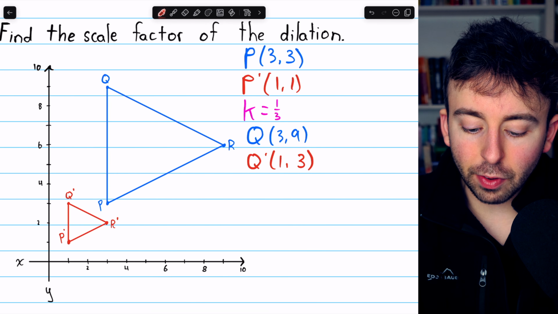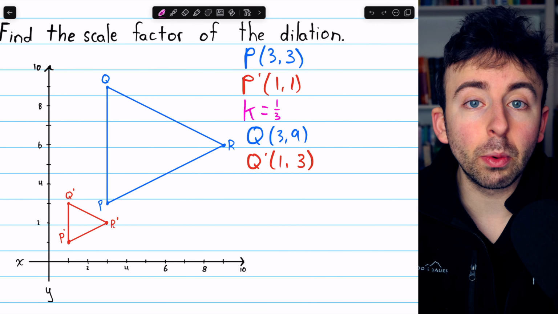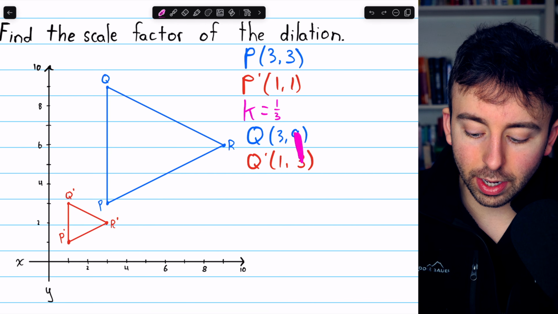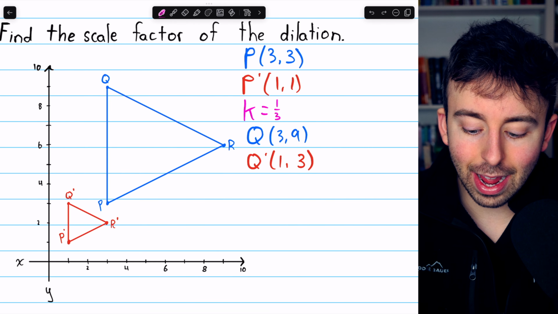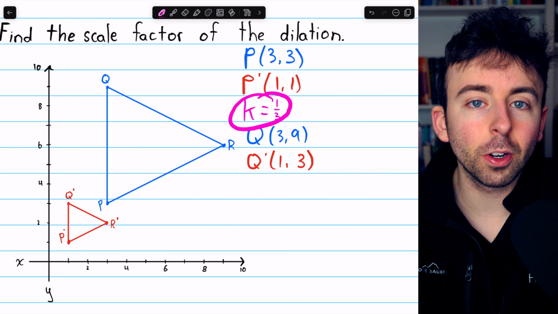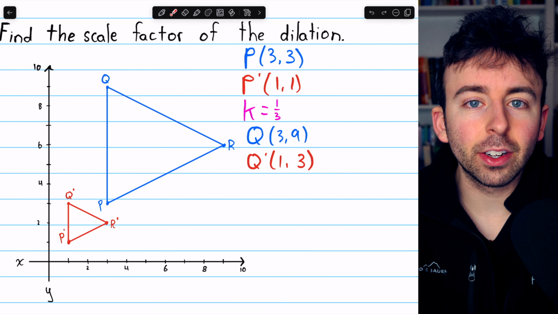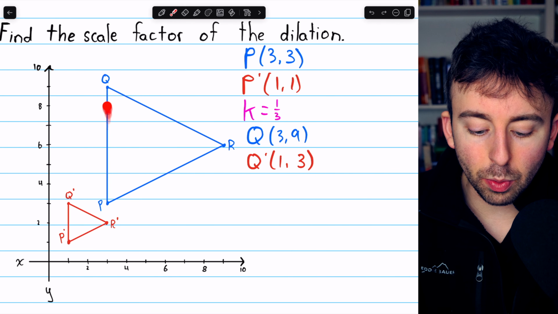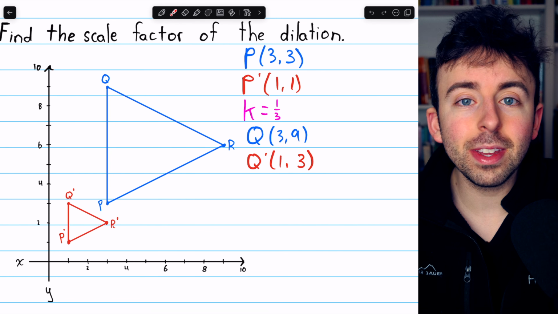And then again, we could have found the scale factor by dividing the x-coordinates, which clearly would have been 1/3, or the y-coordinates, which would have been 3/9, or 1/3. Either way, you'll get that correct scale factor of 1/3. We would, of course, expect some fractional scale factor in this example because we went from this big triangle to this smaller triangle. Let's move on to the second problem.